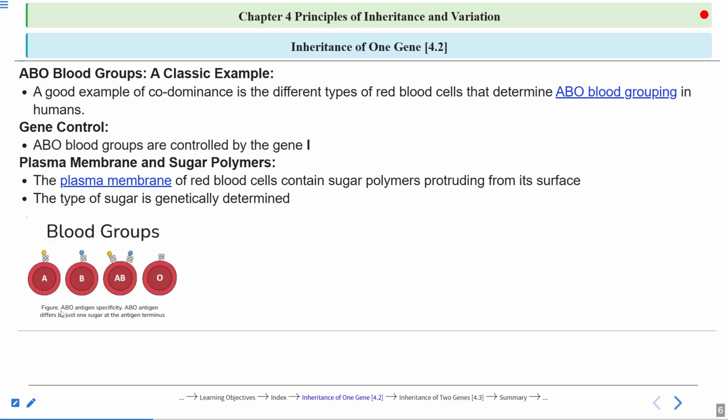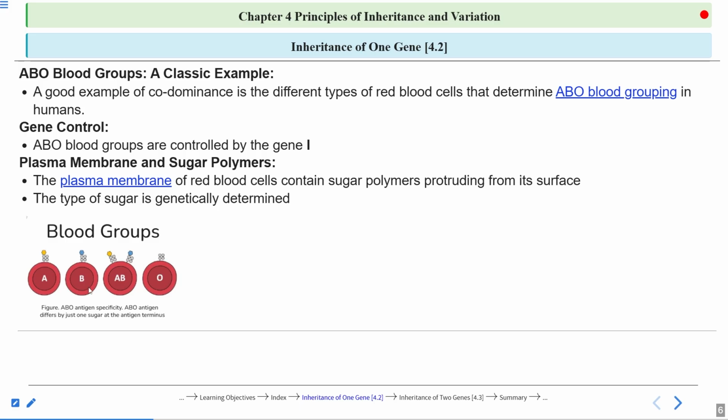Here you can see a figure showing ABO antigen specificity. The ABO antigen differs by just one sugar at the antigen terminus. What does this mean? Here you can see the different blood groups: A blood group, B blood group, AB blood group, and O blood group. The plasma membrane of the RBCs of a person having A blood group will have this antigen, which is shown here.